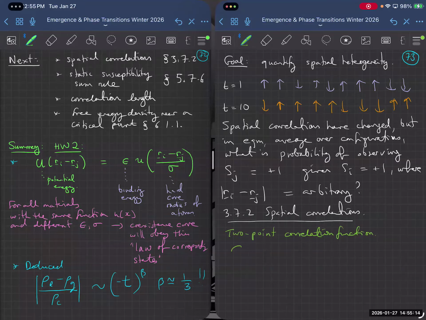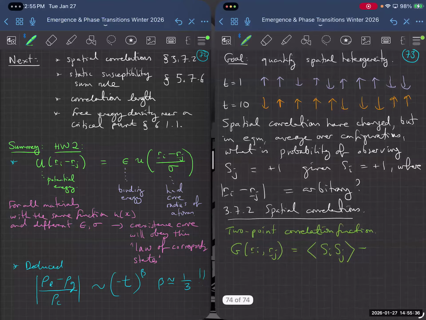It depends on 2 points, i and j, or Ri and Rj, the position of spin i and the position of spin j, and it's defined in the following way: I take the average of Si Sj, minus the average value of Si and the average value of Sj. So that's how I define this object.